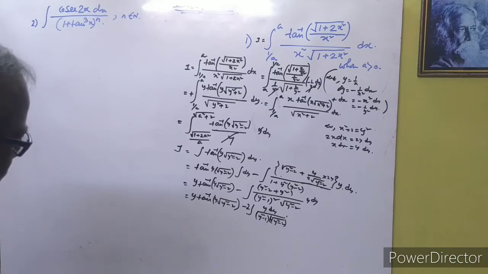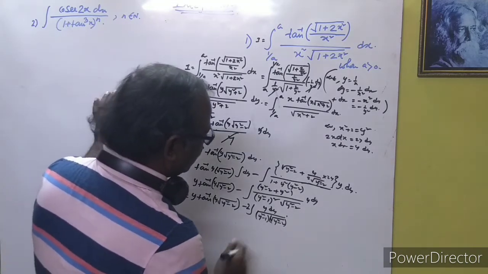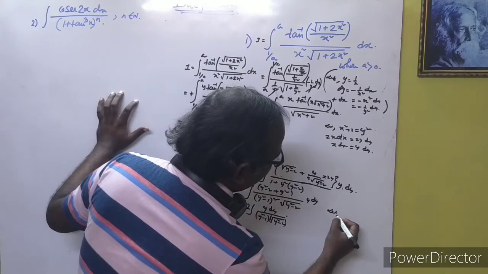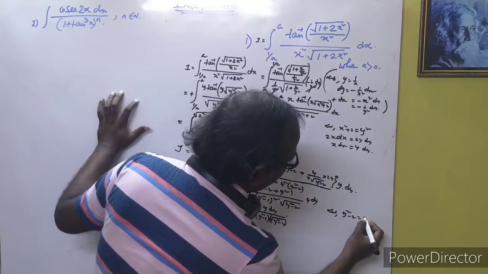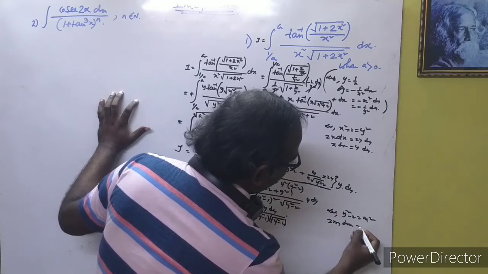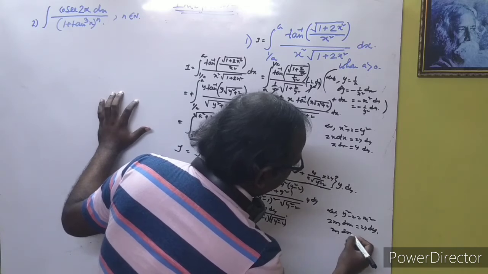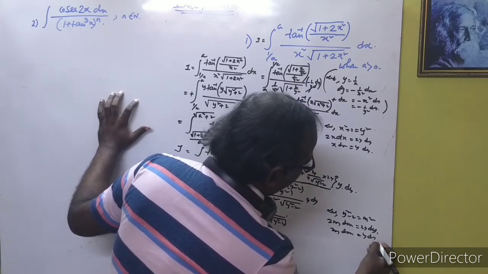Okay, so see, again let us assume y square minus 2 as m square. So 2m dm is 2y dy. So m dm is equal to y dy.